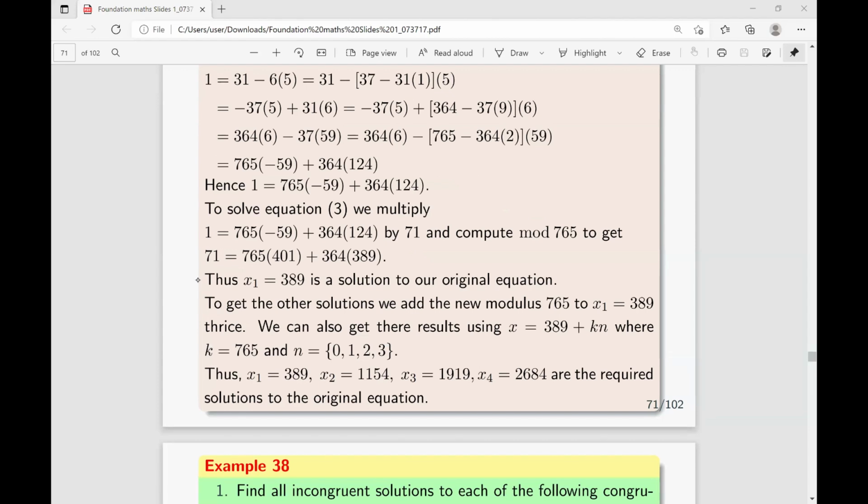So somebody might be wondering how we got 401. Just multiplying negative 59 times 71. What do you get when you multiply just the way they are? Using a calculator, you get 4189. And the mod is 765. So we ask ourselves, if 765 were to go here, what would be the remainder? The easiest way is for me to take this number and divide by 765.